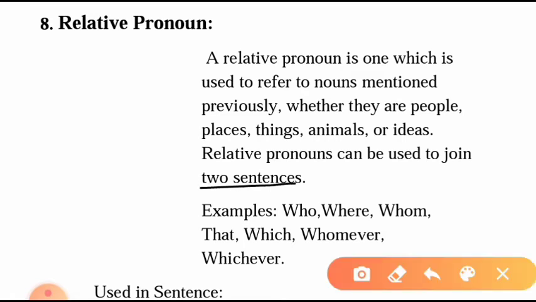So this is the second point to remember. You can see the examples. These are all the relative pronouns that you use just to refer to nouns which are mentioned previously, or you could use these relative pronouns to join two sentences or phrases.